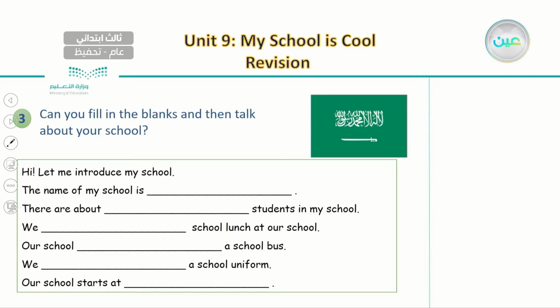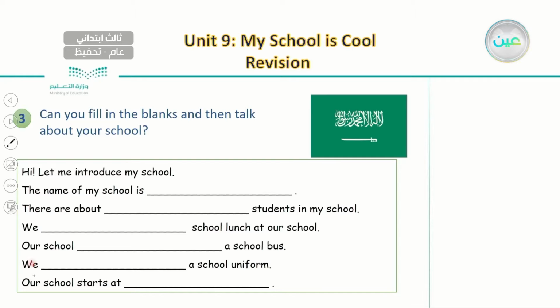Also, for example, we have lunch or breakfast at our school, or you can say we don't. And then we talk about the school bus. You can say that our school has a school bus, or our school doesn't have a school bus. So think about your school when you're writing down these answers.